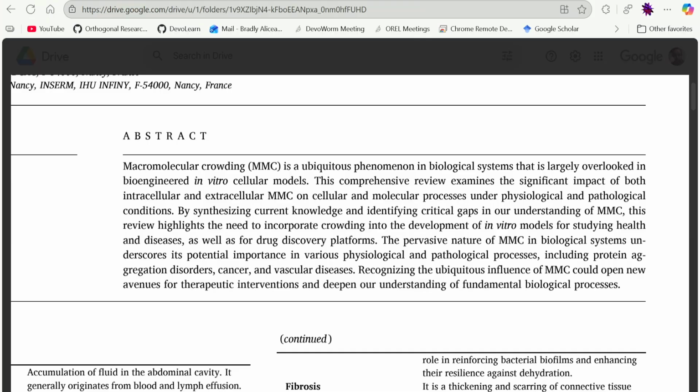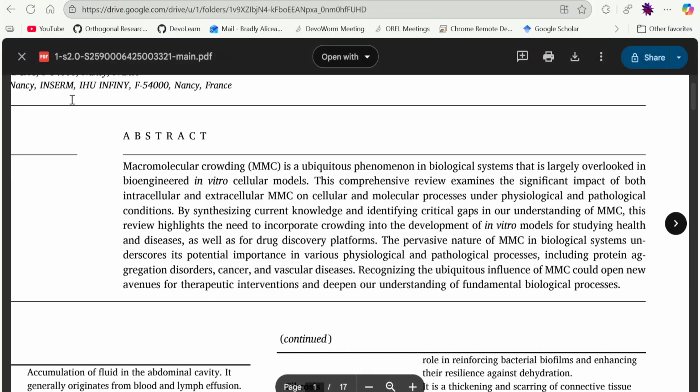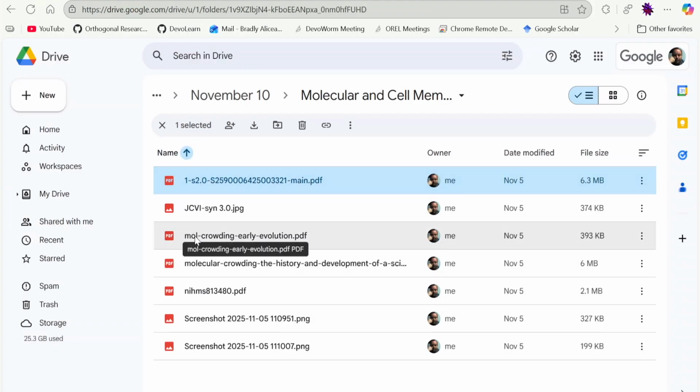So it interferes with mitochondrial function, things like that. Recognizing the ubiquitous influence of MMC could open new avenues for therapeutic interventions and deepen our understanding of fundamental biological processes.